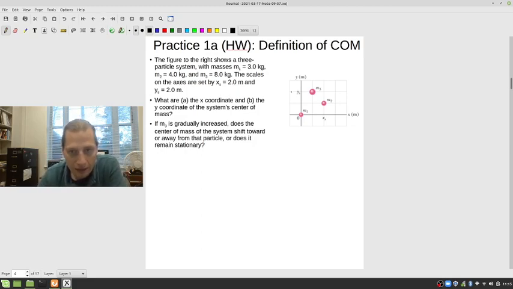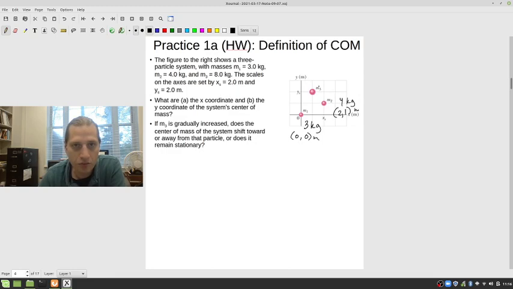Okay, so in this picture, this is one from your homework. We have three masses. M1 is 3 kilograms, and it has a position of 0 in the x direction, 0 in the y direction. Mass 2 has a mass of 4 kilograms, and it has a position of 2 meters in the x direction, 1 meter in the y direction.